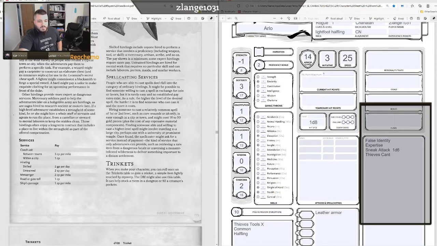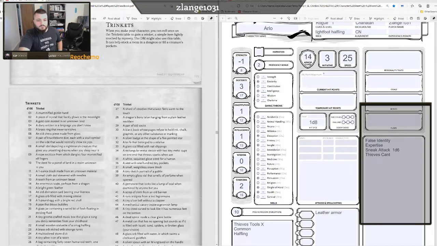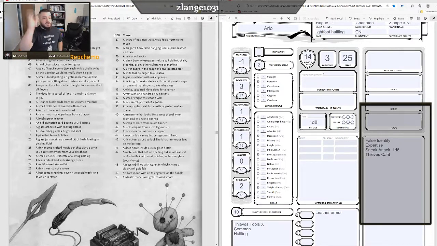Hiring people, skilled and unskilled, messengers, road and gate tolls, ship passage, 1 silver piece per mile. With a sailor feat or the sailor background, you can do that for free. You got trinkets. These are literally just random items. Just random items. Why, it's on the D100 table.